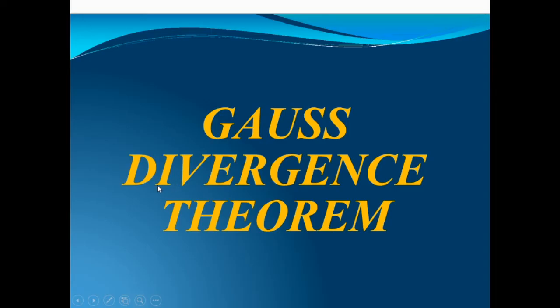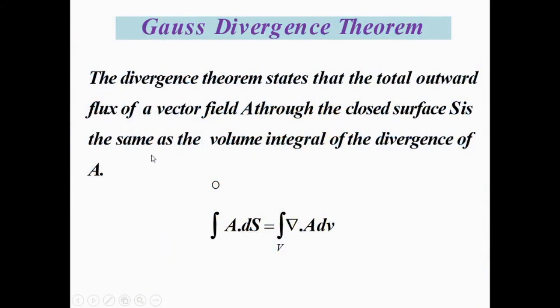Now we will move on to the Gauss Divergence Theorem. From the definition, the divergence theorem states that the total outward flux of a vector field A through the closed surface S is the same as the volume integral of the divergence of A. If you observe, the surface integral of A dot dS can be written in terms of the divergence of that vector A enclosed in the volume dV.